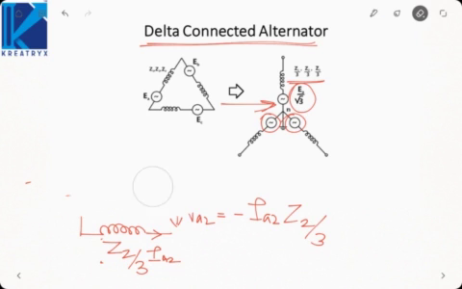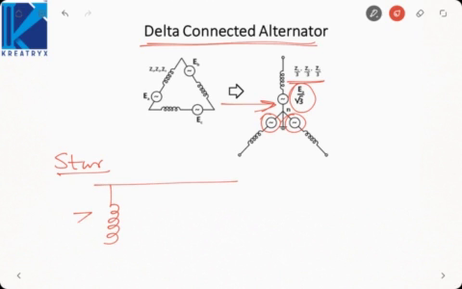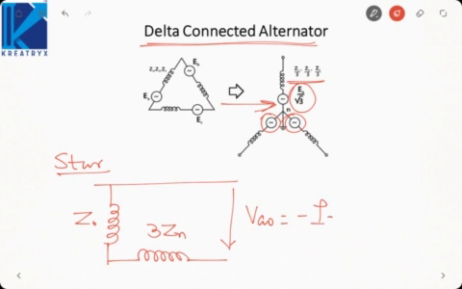Similarly, in case of zero sequence, in case of star, what will happen? There will be no EMF, just the zero sequence impedance Z0, plus we will have 3 times the neutral impedance as we derived for the star connected winding. So VA0 will be minus IA0 times Z0 plus 3Zn.